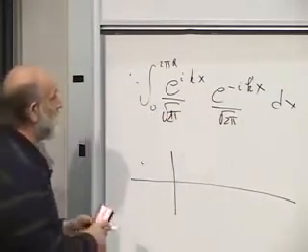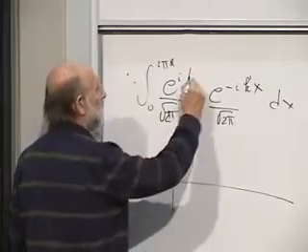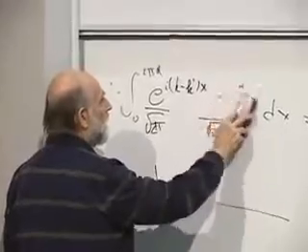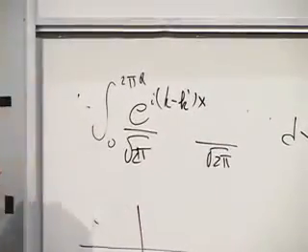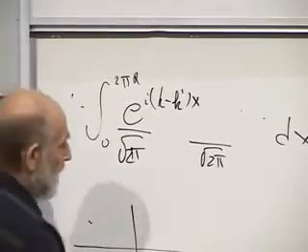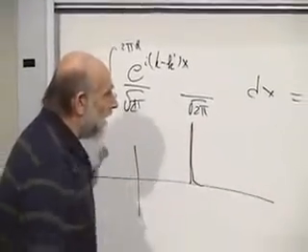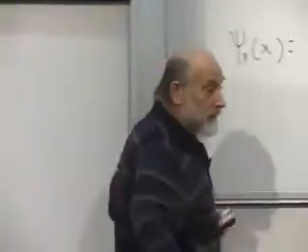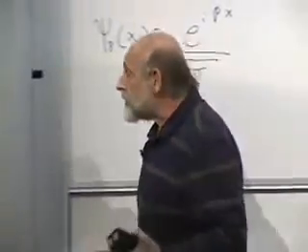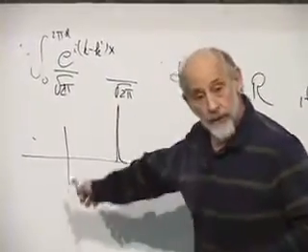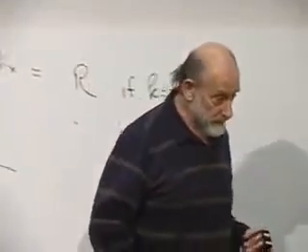If I combine these exponentials together, it really just becomes k minus k prime times x. It has the property it's 0 if k is not equal to k prime, but it's very big, namely equal to r, when k is equal to k prime. We're imagining r getting very, very large. So we've stretched it out to make the inner product be a delta function instead of a Kronecker delta.